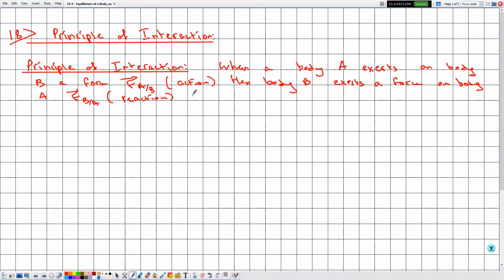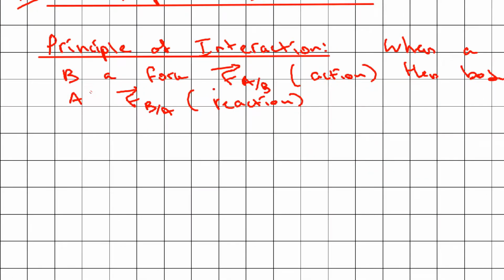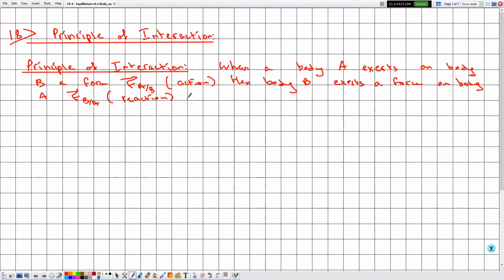But now, what is the relation between F A on B and F B on A? F A on B is equal to minus F B on A. In other words, the action and the reaction are opposite.